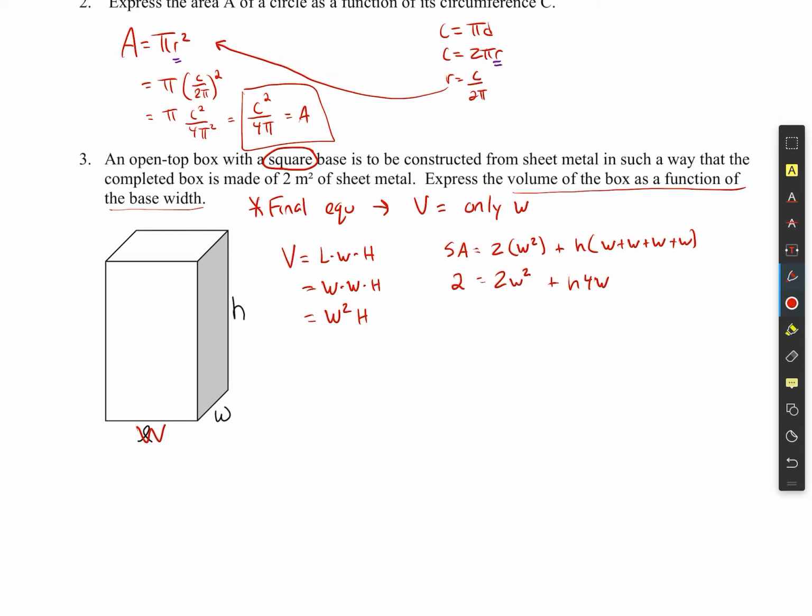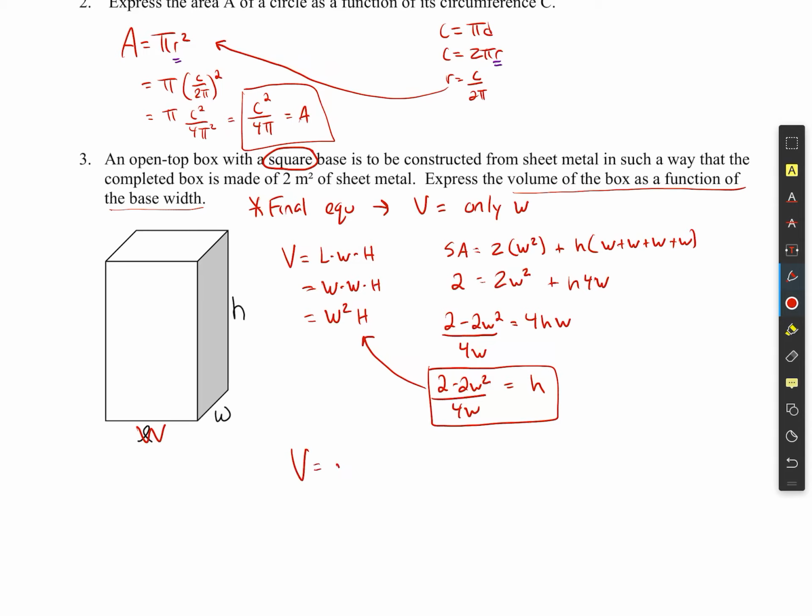So now, if I subtract things over, 2 minus 2w squared equals 4hw. I divide by 4w, so now I have h equals 2 minus 2w squared over 4w. Perfect. Now I have an h equation that I could plug in there.